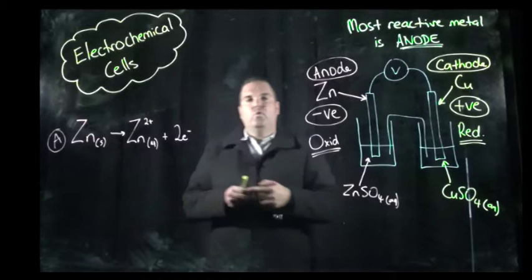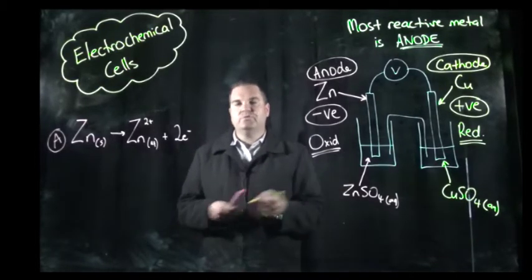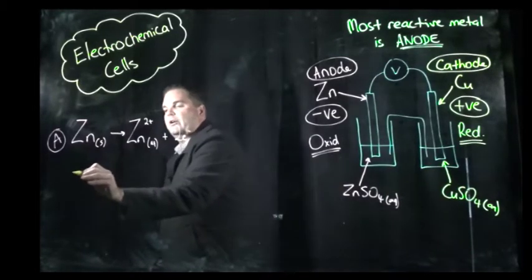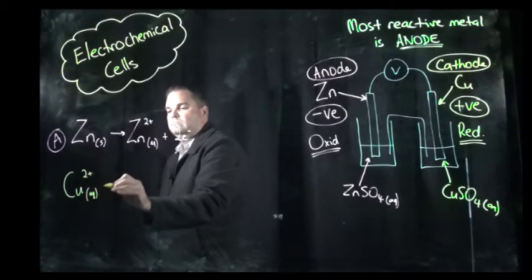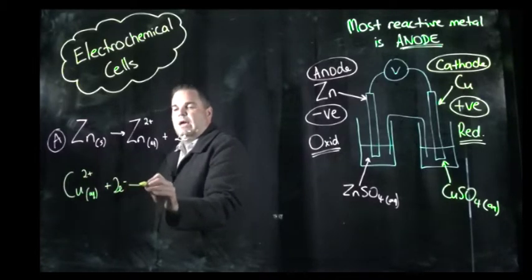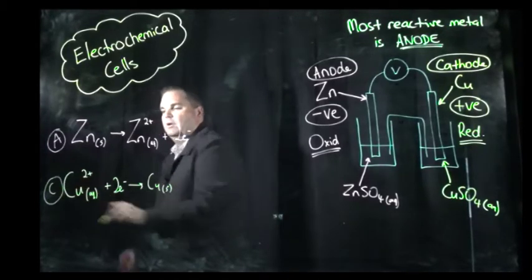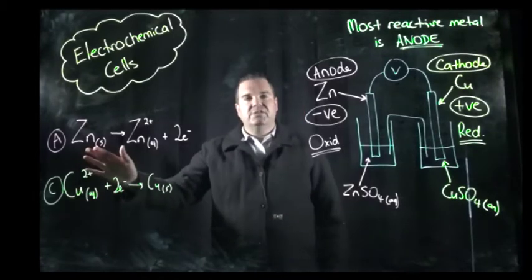For our cathode, we've got reduction occurring, which is a gain of electrons. So the copper ions inside the solution here are going to be picking up electrons and forming solid copper. That's our reaction at the cathode. So we have oxidation at the anode.